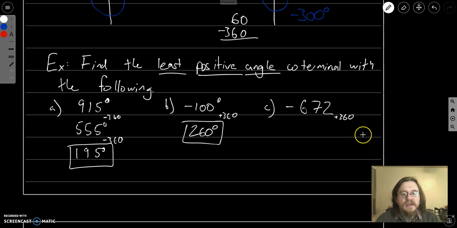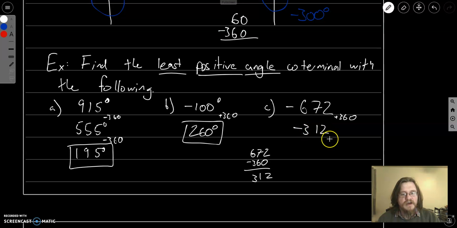So after I add 360 to this, let's take 360 and subtract 672, and we'll subtract 360 from this to get 312, so we'll be at negative 312.